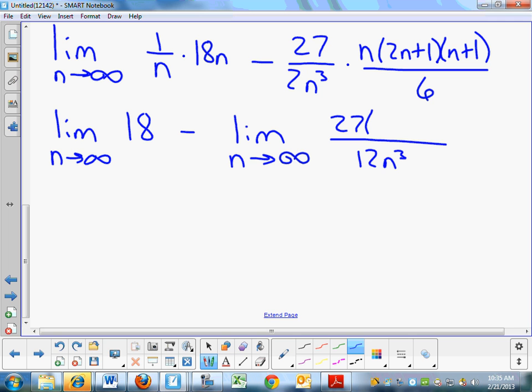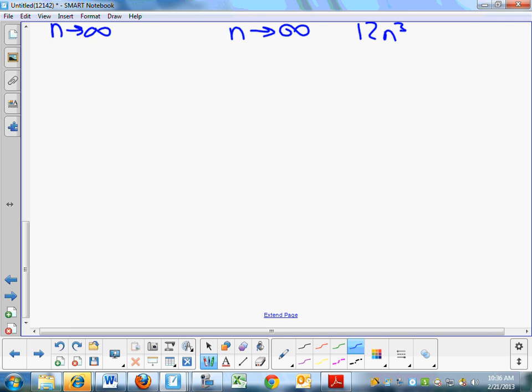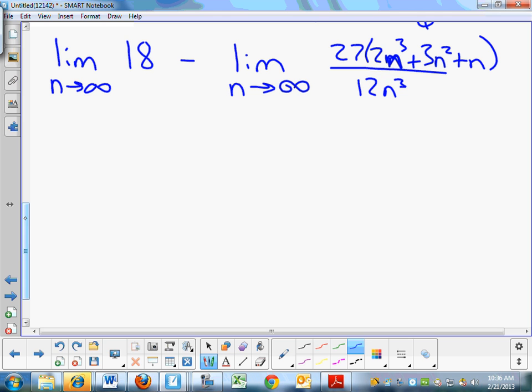You've done that a few times now, haven't you? 2n cubed. Back when we had mathematical induction, you really wanted that. If you want to write it like that for shorthand, that's fine by me. I'll put it on the board.